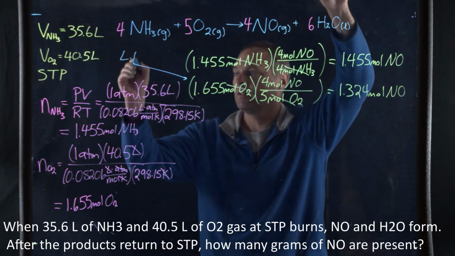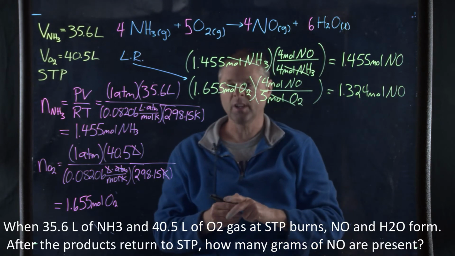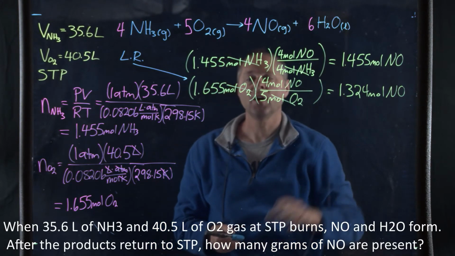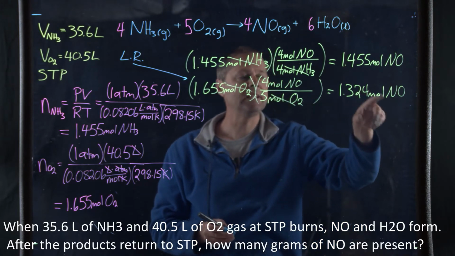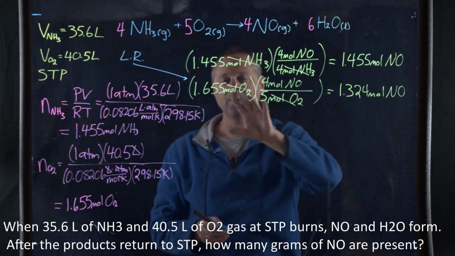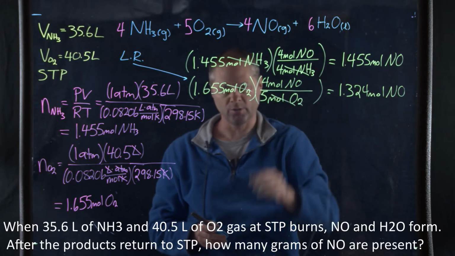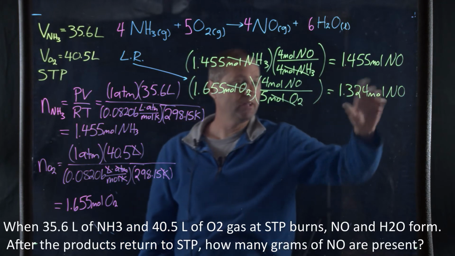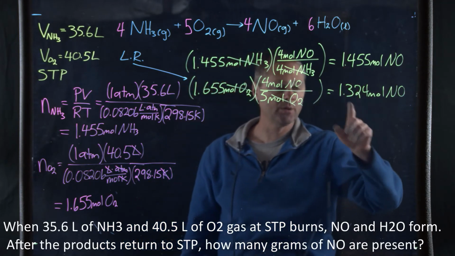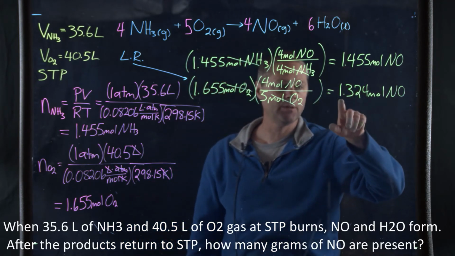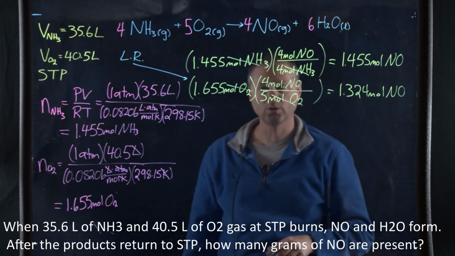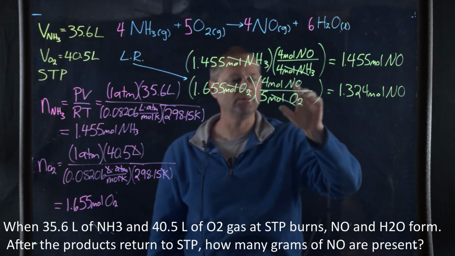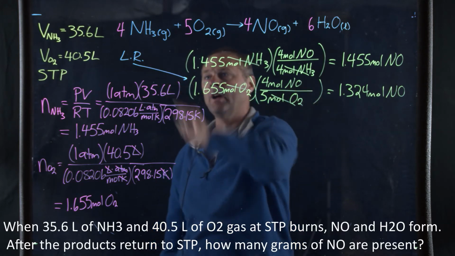So what this tells us is that this is the limiting reagent, that it's the oxygen that's going to determine the amount of nitrogen monoxide, because it produces the least amount of nitrogen monoxide. Therefore, the oxygen is going to run out first. So we know that the only amount of nitrogen monoxide that can be produced is 1.324 moles, because we will run out of the oxygen before we run out of the ammonia.